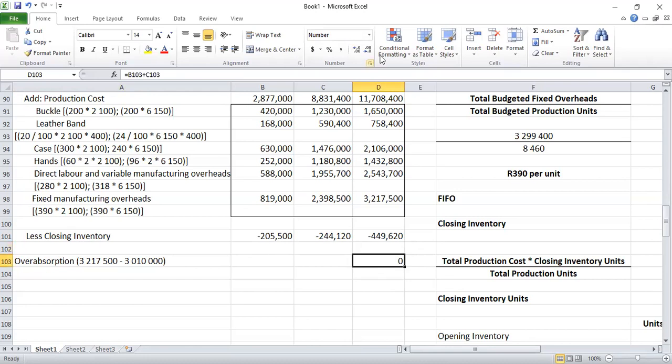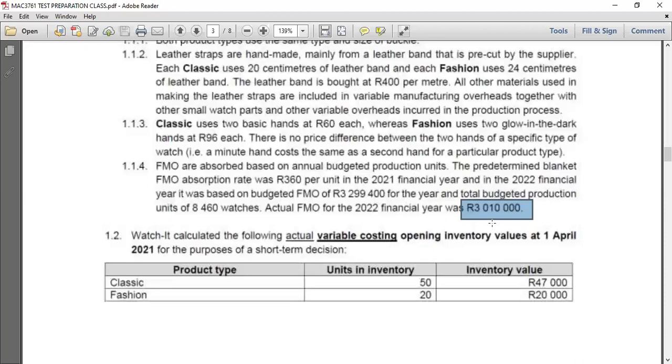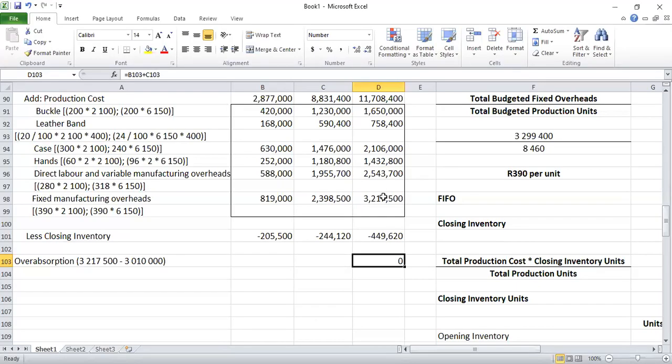It's given on the question paper, which I highlighted when I was explaining. The actual fixed manufacturing overhead. Then the 3,217,500 is the one that we calculated here. What do we get? 207,500.